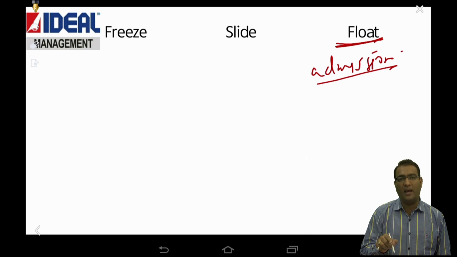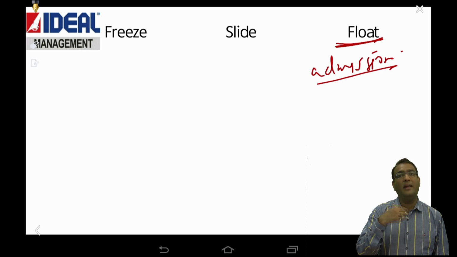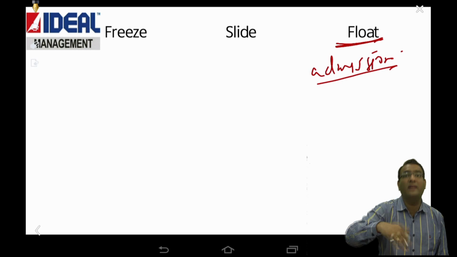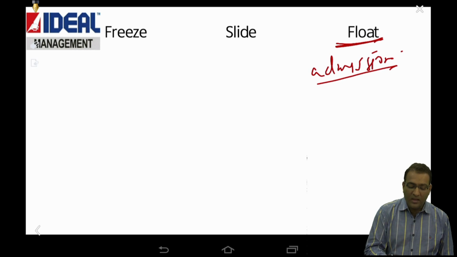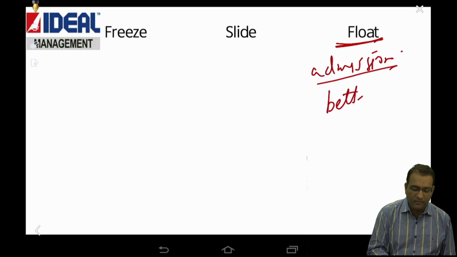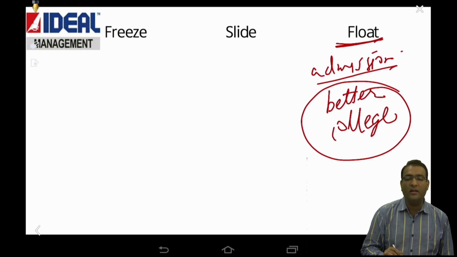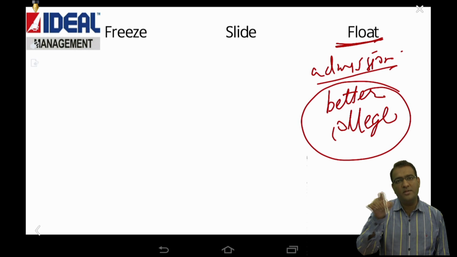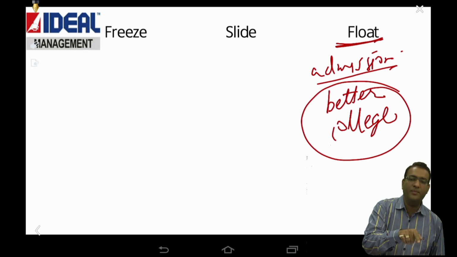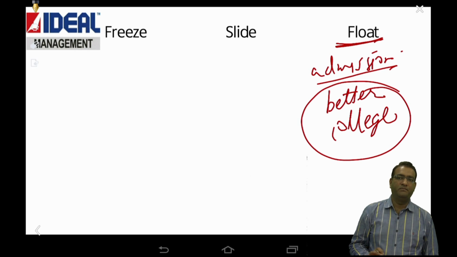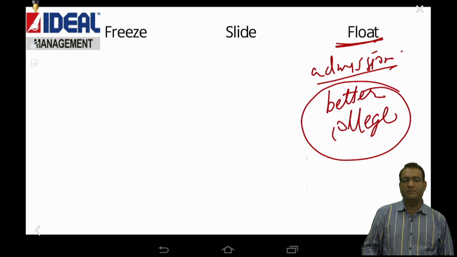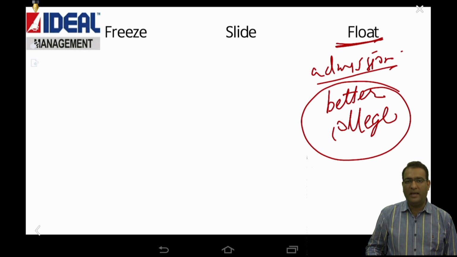However, in the next cap round, which is cap round 2, then cap round 3 and then cap round 4, if I get a better college, my admission will be shifted to that better college and this admission will stand cancelled. I hope this is understood. This admission will stand cancelled.